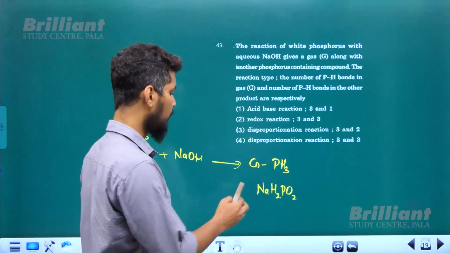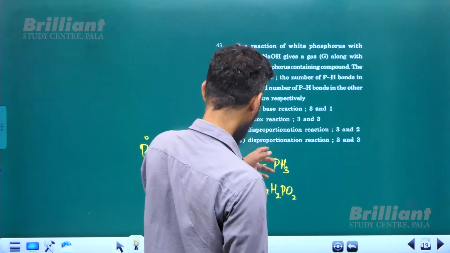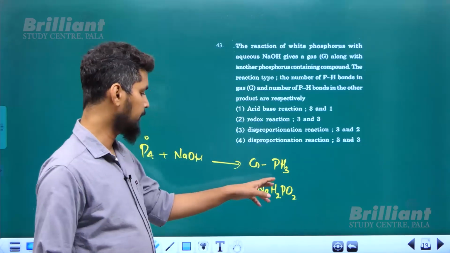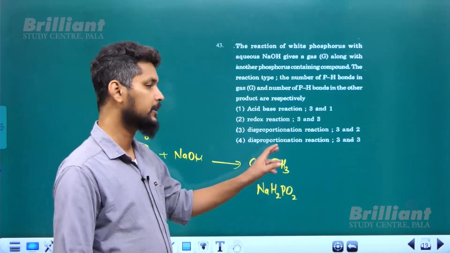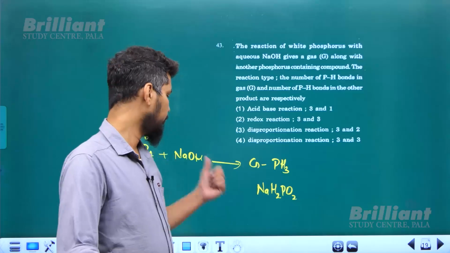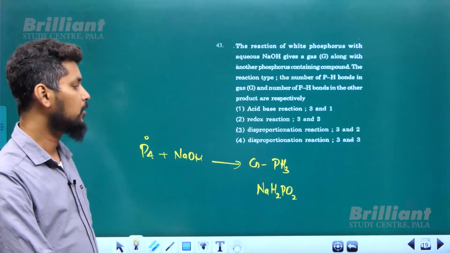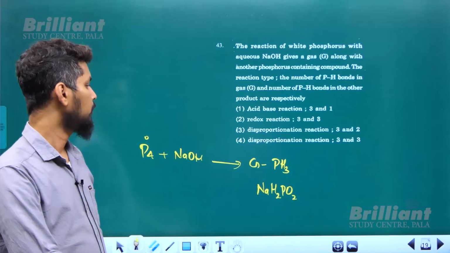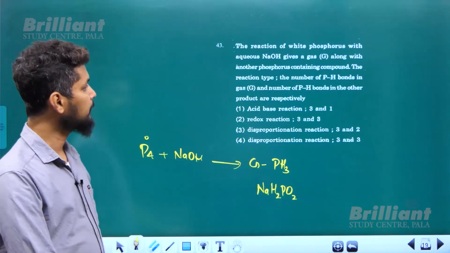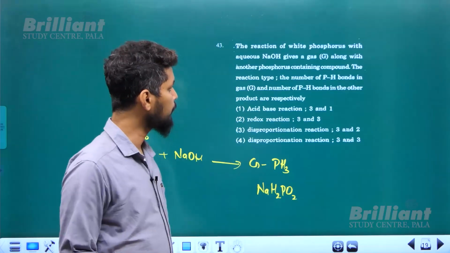In PH3 it is reduced, and here in NaH2PO2 it is oxidized. So phosphorus is undergoing both oxidation and reduction. So the reaction is a disproportionation reaction. So it can be option 3 or option 4.